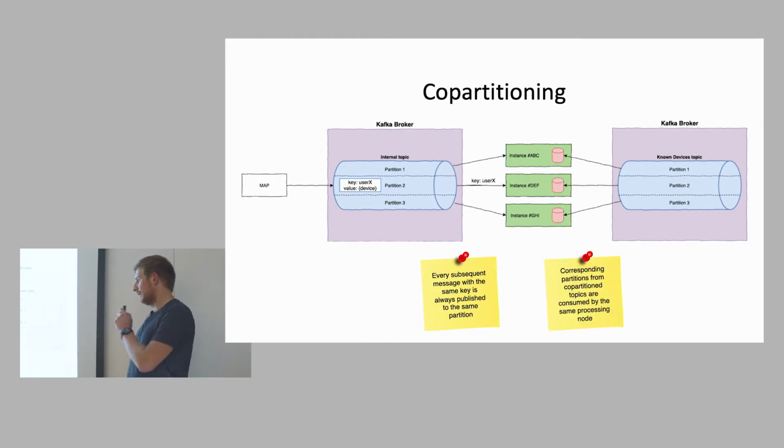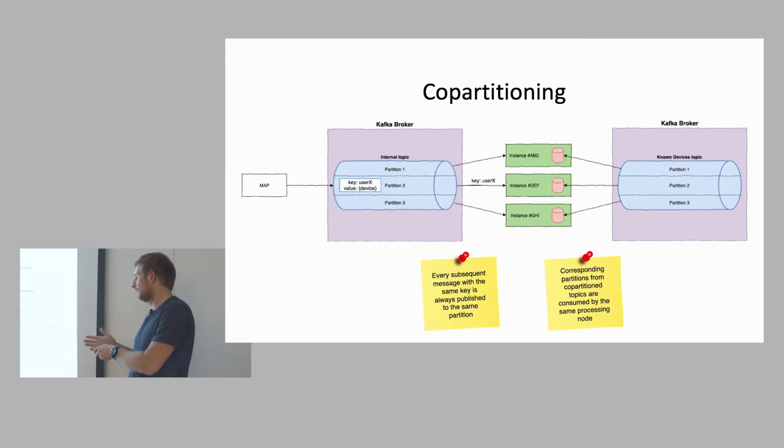So we have yet another guarantee that corresponding partitions from copartitioned topics are consumed by the same processing instance. If topics are copartitioned, we mean that they have the same number of partitions, and in this case it's also 3.